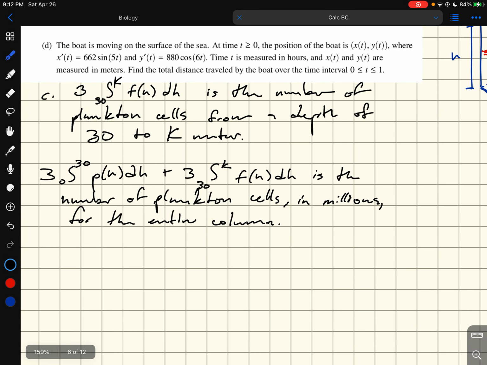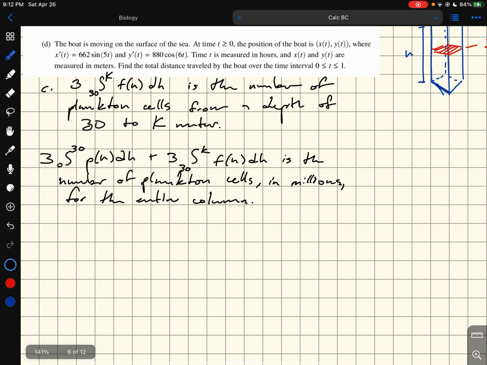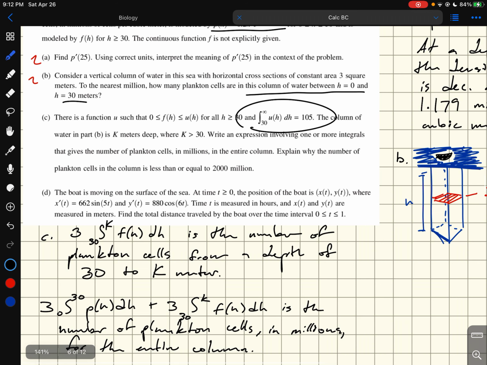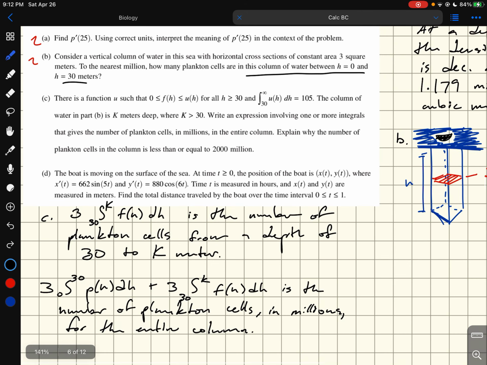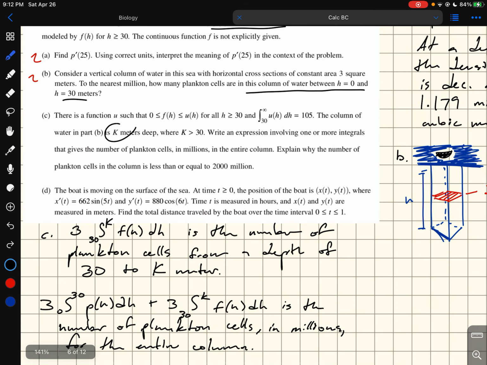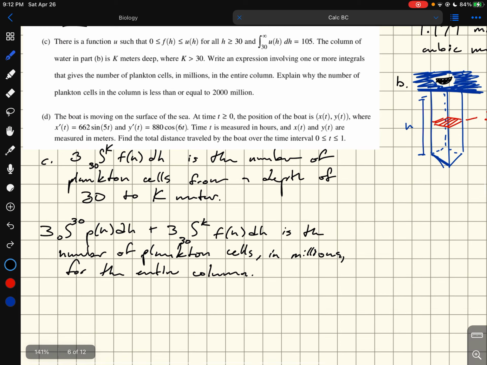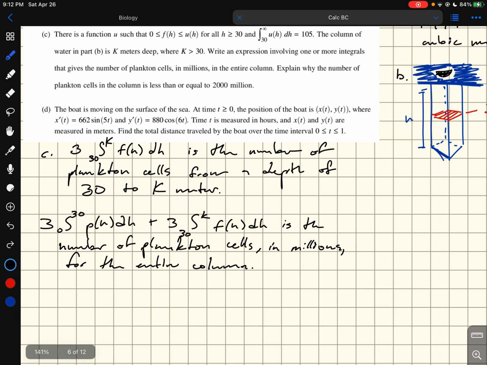Okay. And then we're going to bring in this part. Actually, it's telling us that the column is k meters deep, and k is just some number greater than 30.